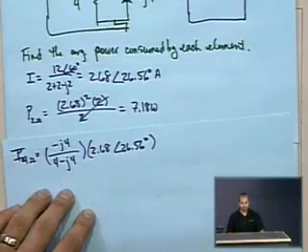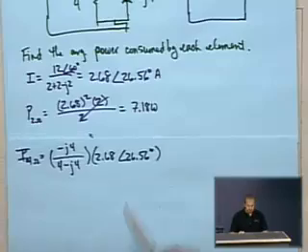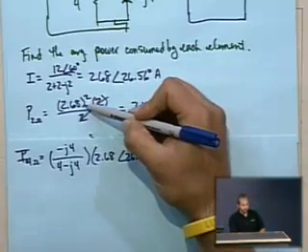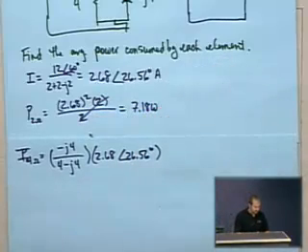It would help if we actually used the right phase angle on the voltage source. That's not going to change this calculation because we're strictly using the magnitude of the current, and changing the phase angle isn't going to change the magnitude.